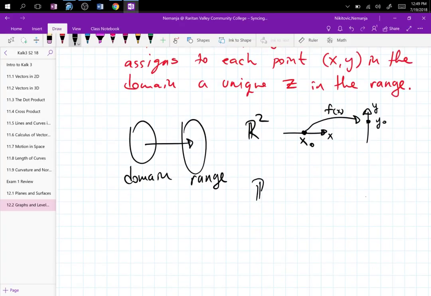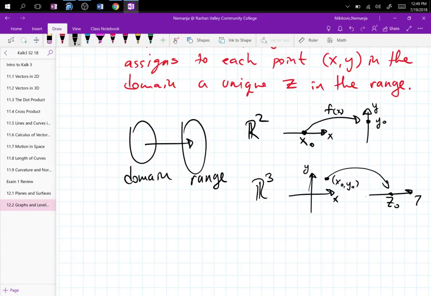Now, in R3, you have a point in xy, so x0, y0, and that is going to map into some z0 on the z-axis. So your domain used to be 1-dimensional, which corresponded to 1-dimensional output. Now you have a 2-dimensional input going into the 1-dimensional output.